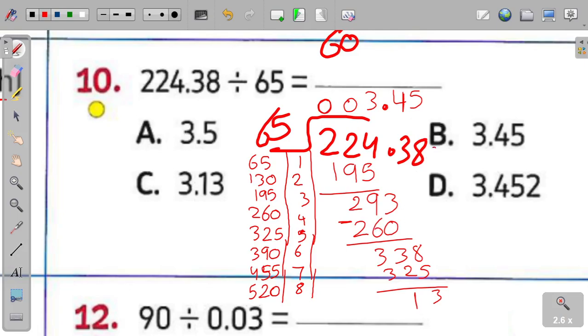So I will add 0 right here next to 8 and 0 next to 3. So I have 130 divided by 65. I think 130 is in the multiplication table, so I can say it's 2. So the remainder will be 0. So our result is 3.452 and it's choice B.